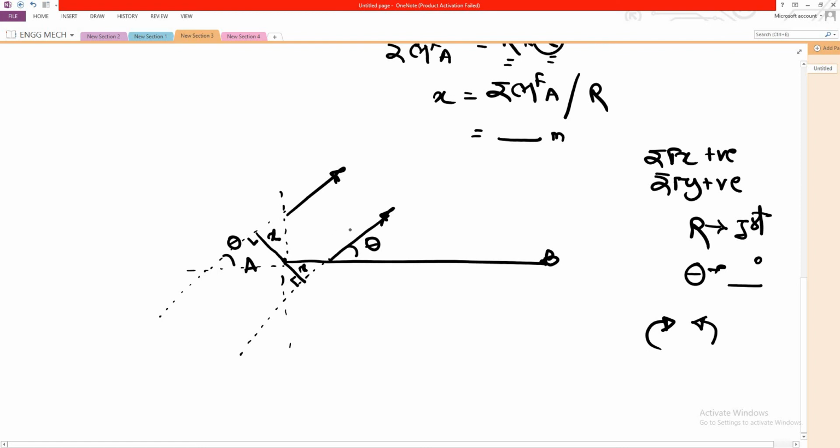Here, if we try to place the resultant in the first quadrant in this manner, then the rotation that this resultant force will cause for the system is clockwise. Therefore this is the exact correct position of the resultant in the first quadrant.